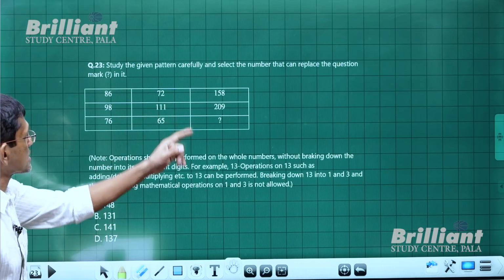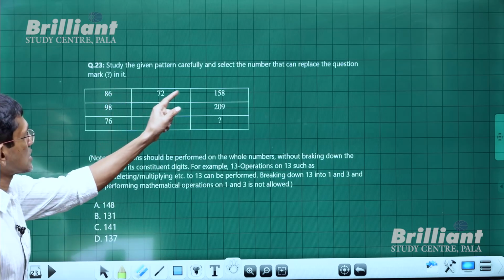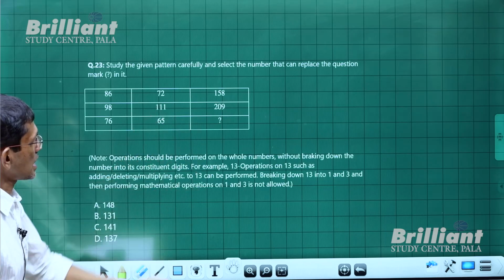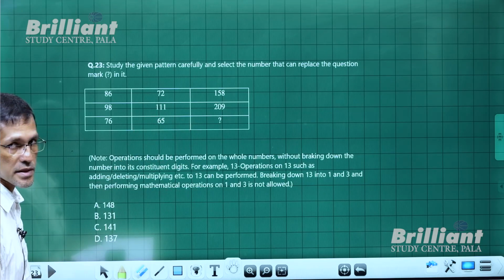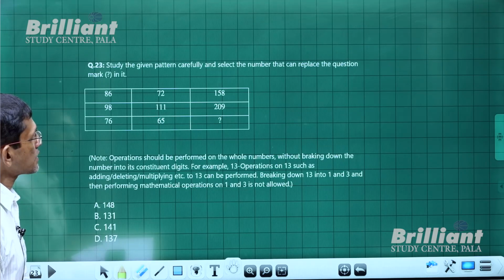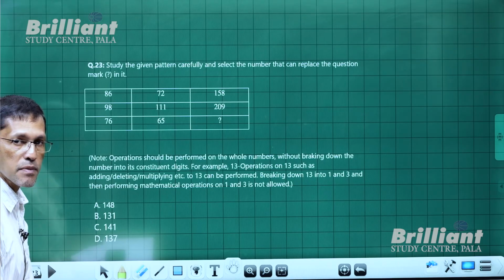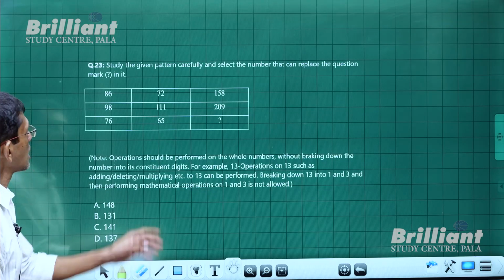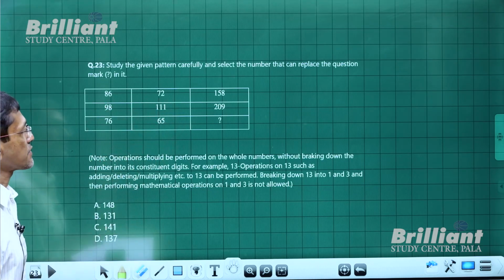Study the given pattern carefully and select the number that can replace the question mark. So here we have a table given: 86, 72, 158. 98, 111, 209. So what kind of pattern? 86 plus 72 is 158.